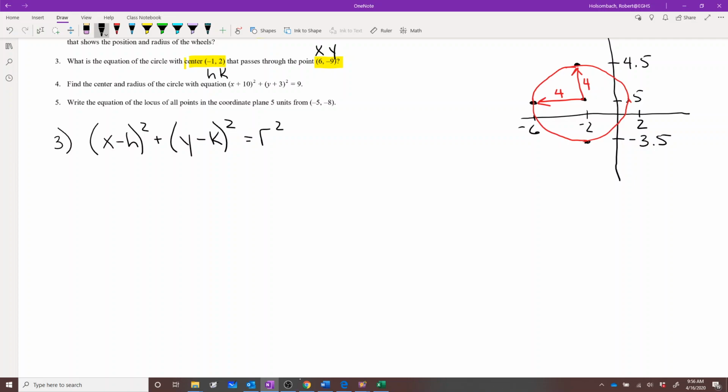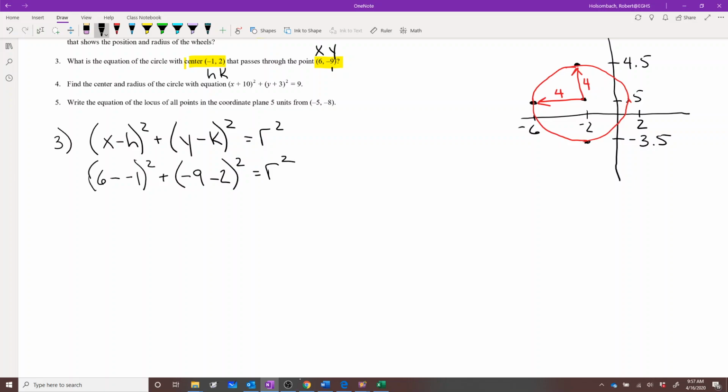Once we solve for the radius, we will have the center and the radius, and we can write the equation in standard form. So next step here is to substitute, and here's my X value, my 6, minus H, which is -1, that's got to get squared. Y is going to be negative, our Y value is right here, so -9 minus our K value, which is 2, squared equals the radius squared.